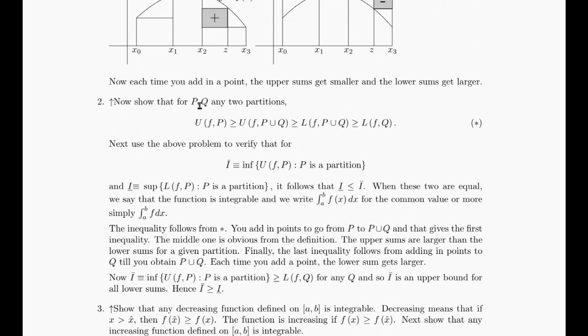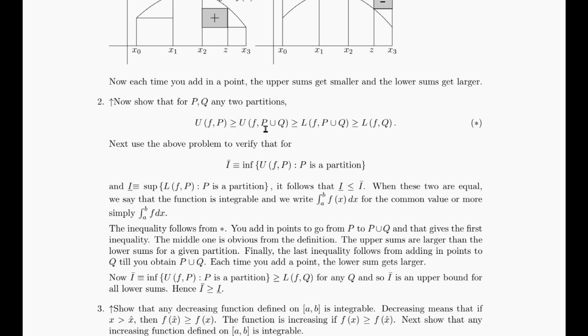If I have a couple of partitions, P and Q, and I look at the upper sum with respect to P, it's bigger than or equal to the upper sum with respect to P union Q, because I can just add in all of the points I need to this partition until I get to P union Q, and each time I add such a point the upper sum gets smaller.